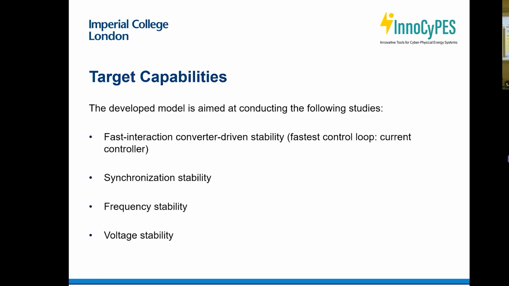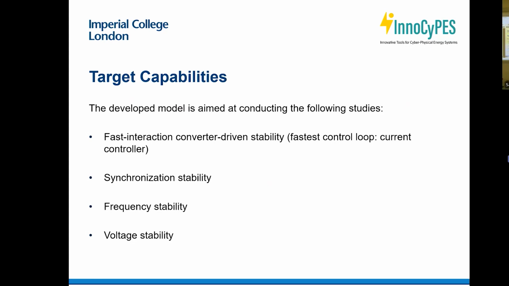The aim of this test system is to be used for stability analysis, specifically for fast interaction converter driven stability. The fastest control loop that we implemented was the current controller, so PWM is not implemented in detail.